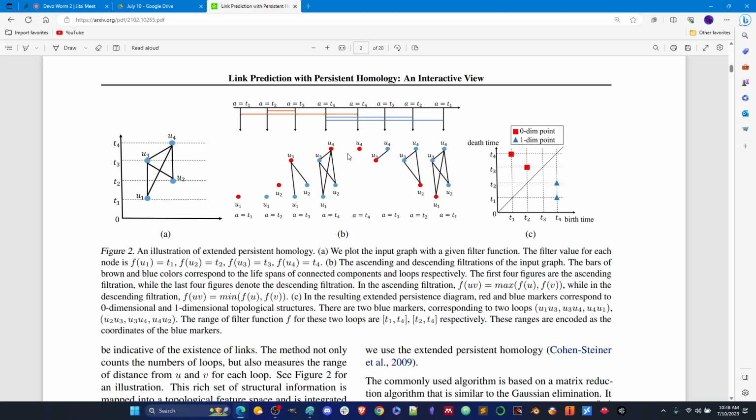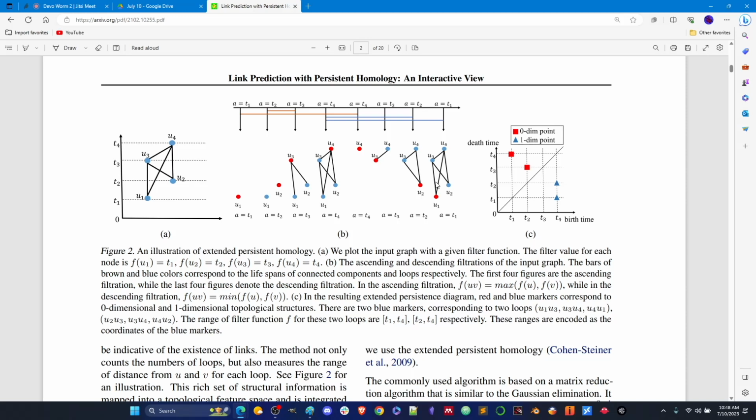Sometimes you'll have nodes that are out there without any connections, but the connected component are the parts where you can go from any one node to any other node through the connections that have been built. The first 4 figures are the ascending filtration. The last 4 figures denote the descending filtration.